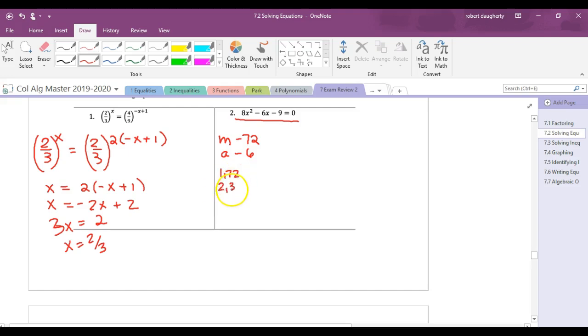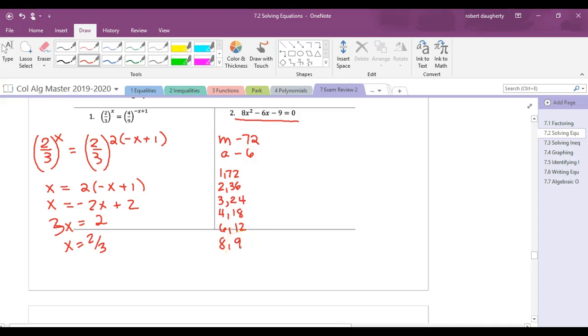That's 2 and 36. That's 3 and 24. That's 4 and 18. 5 doesn't go in there. That's 6 and 12. 7 does not divide into there. 8 and 9.